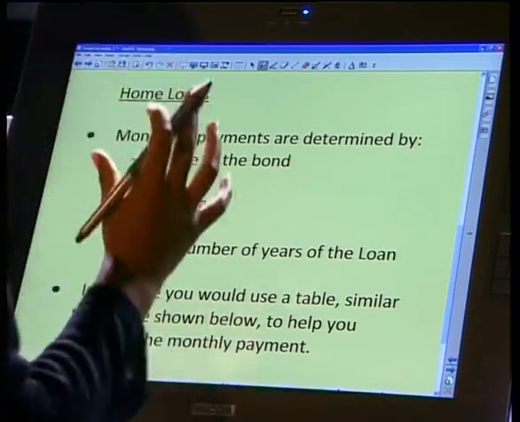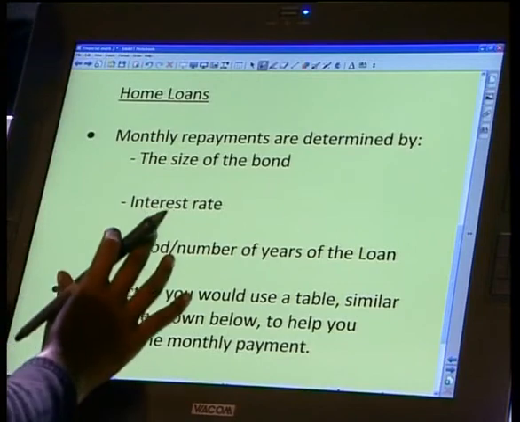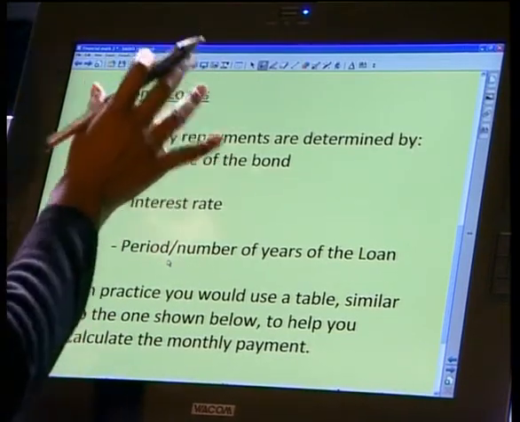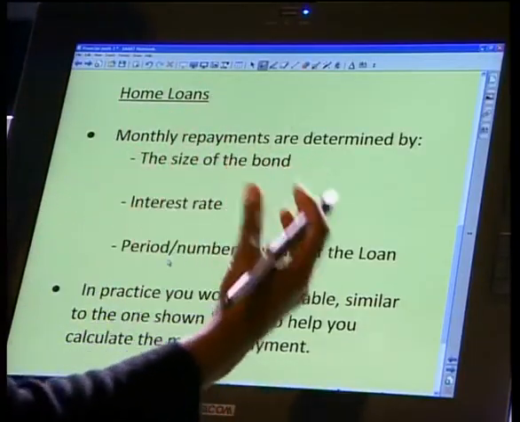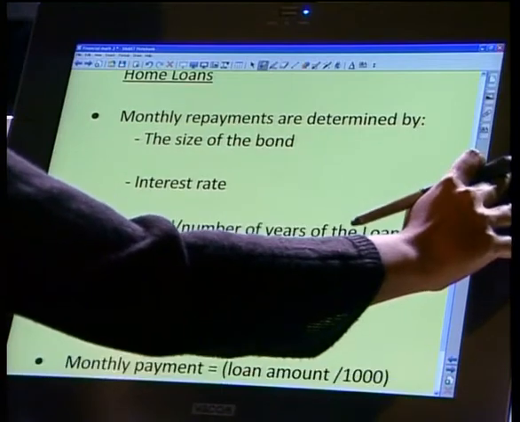Now, a very important and big section in loans is home loans. You'll find that most people actually cannot afford to go out and buy a house cash. So most people that you know will often have a home loan if they own a home. So what we're going to look at here is home loans and how the monthly repayments are worked out in practice.